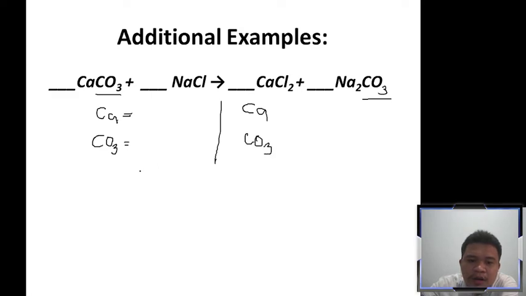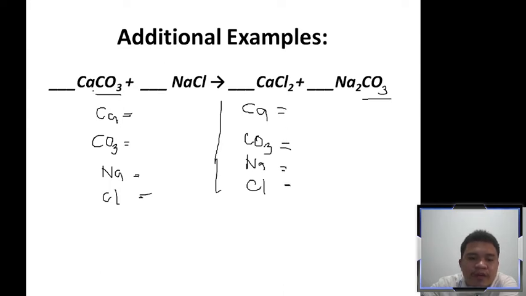What are other elements that we did not include yet? Okay, Na and Cl, right? I will also write here Na and Cl. Now let's do an accounting for each of these atoms or ions right now.